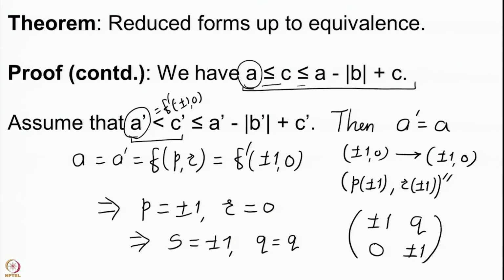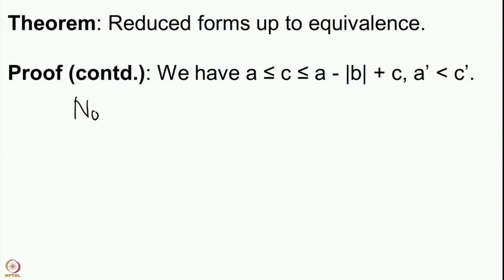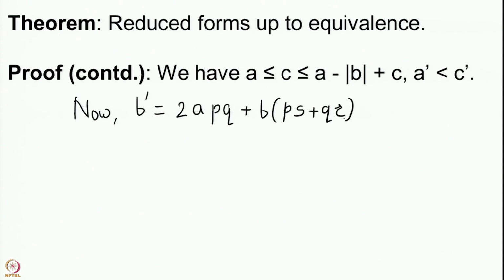This is the change of variables matrix that we get, and after we get this matrix, we now look at the value change that happens to b prime. Now, b prime, if you remember, is 2a pq plus b times ps plus qr, and that is it.